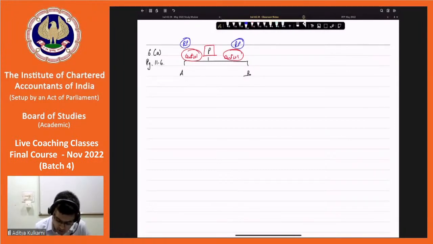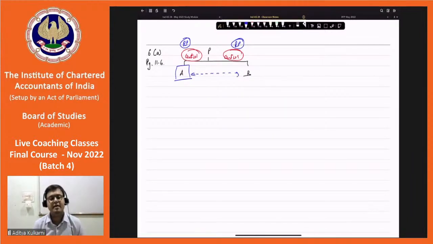If I talk about A's balance sheet, not P, now I'm preparing A's balance sheet. A will definitely be related to P. P will definitely be related to A because there is a direct relationship. But the question is, will B be related to A?